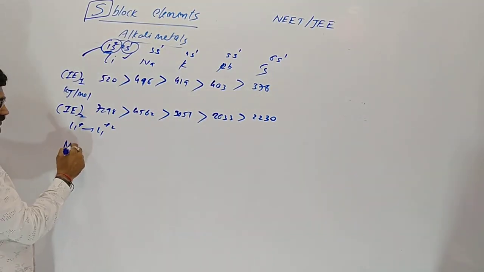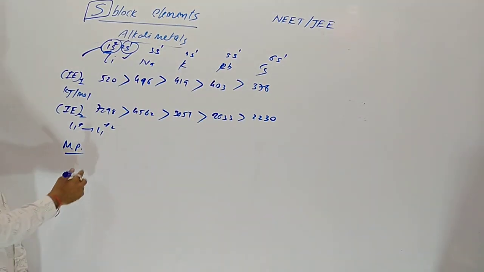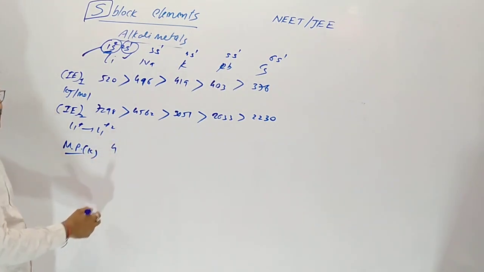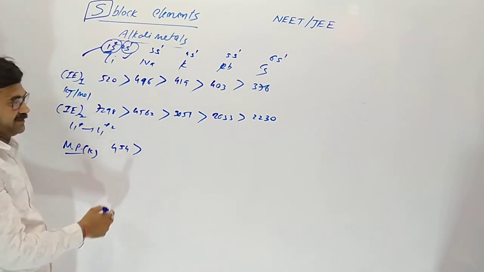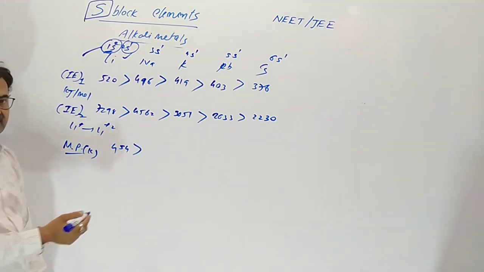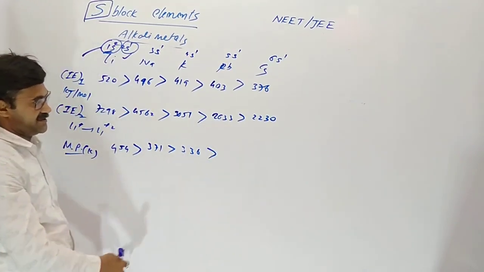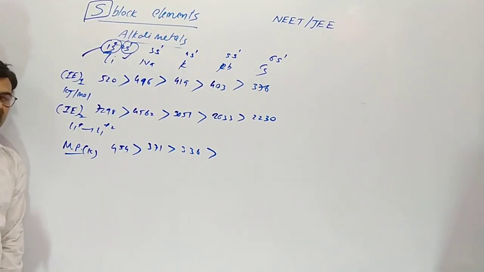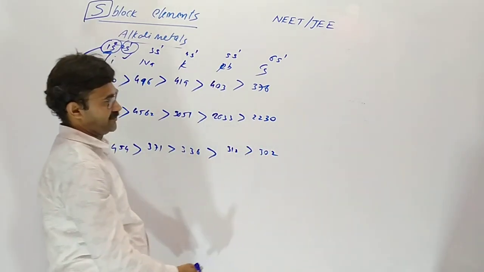Now melting point. What is melting point? Whenever a solid substance converts into liquid, the temperature in Kelvin: 454 Kelvin, highest for lithium, then 371, then 336 for potassium, then 312, and for cesium 302.